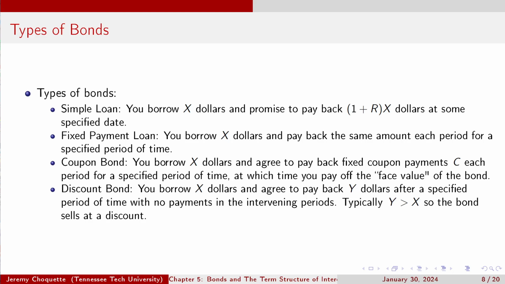So there are no regular payments. It's just you borrow $100 and you agree to pay back, say, $150, and there are no payments between now and, say, a year from now, when you have to pay it back. So typically that Y is larger than X, thus the bond sells at a discount, hence the name discount bond.